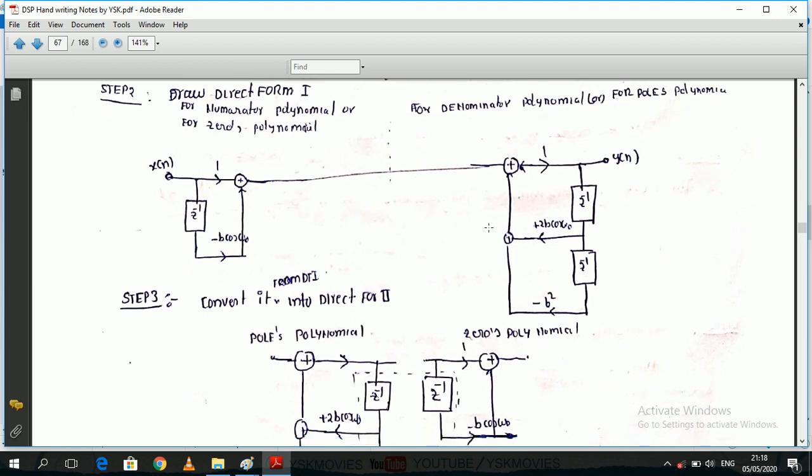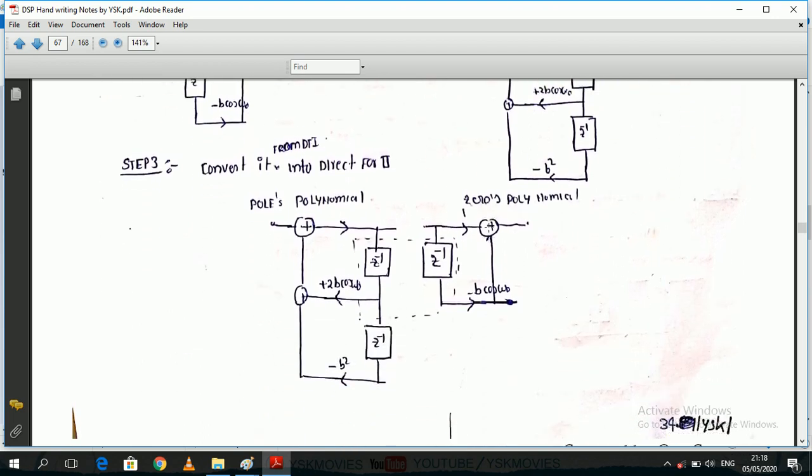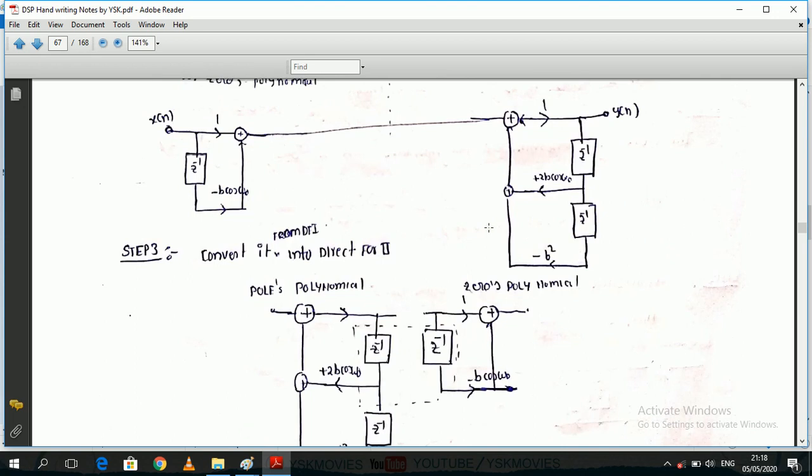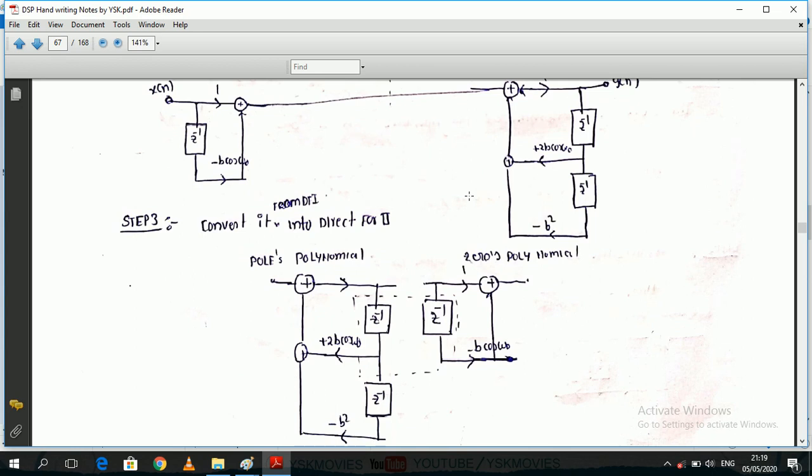Okay, we separate the input and output integrators. After that, very important, the intent of direct form 2 realization is to minimize the integrators. Why are we using plenty of integrators? Integrators are nothing but filters, delayed versions of filters. We are trying to minimize the number of integrators, and for that purpose we go for direct form 2.